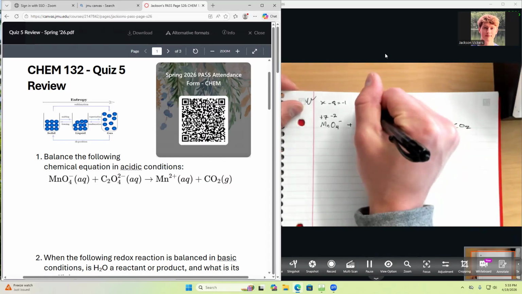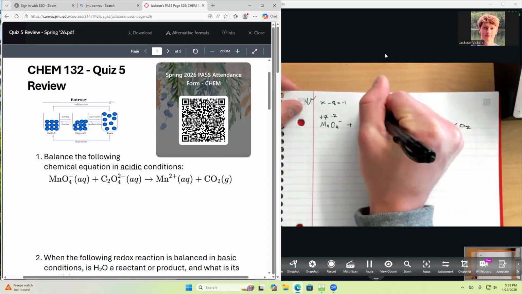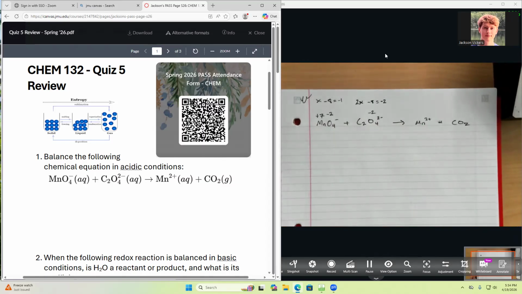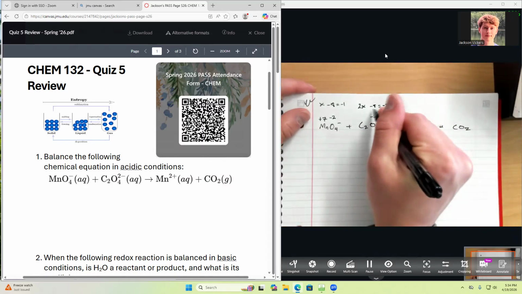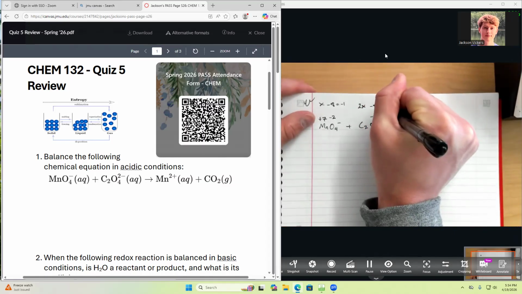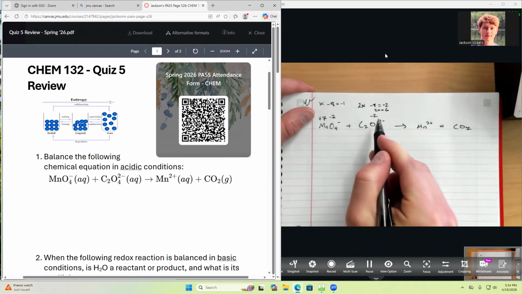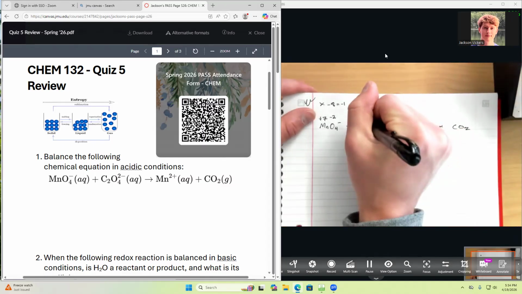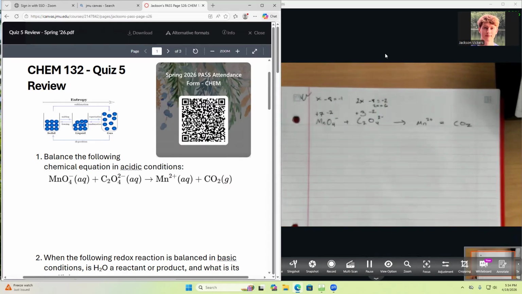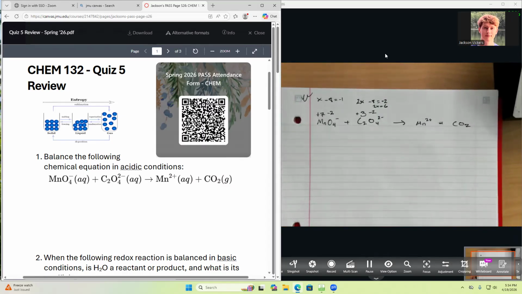So I'm going to put a 2x here. So 2x minus 8 equals -2. If we do that algebra, we would add 8 to both sides, and we get 2x equals 6. 6 divided by 2 is 3. So we know that C has a +3 as its oxidation state. Are you feeling okay with this?